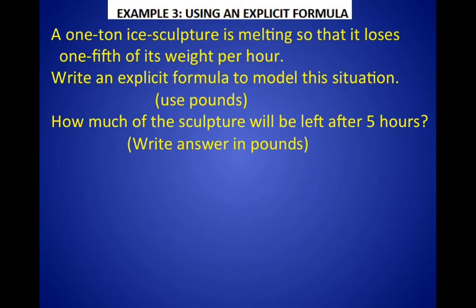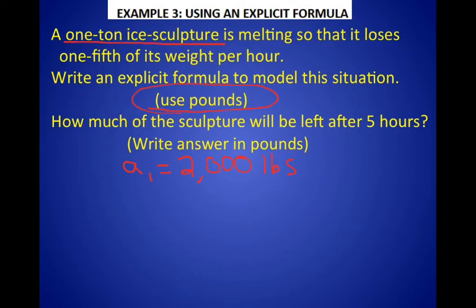So first, we have the first term. So it's starting off with how many pounds. It's a 1-ton ice sculpture, so that is 2,000 pounds.